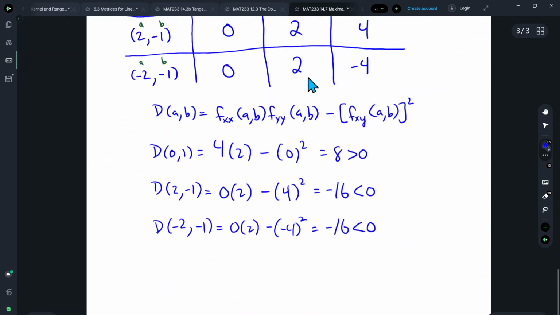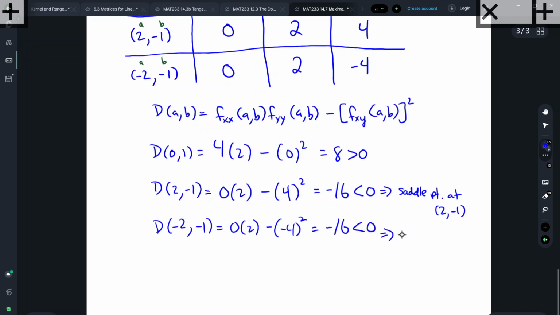So that means that these two are saddle points: at 2, -1, and this one is also a saddle point at -2, -1. Okay, so those are those two critical points.